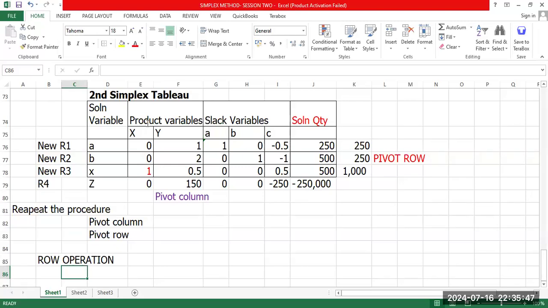We always start with that row which has a pivot row. That is the row you must always start with. So you need a new row what? This is a new row 2.